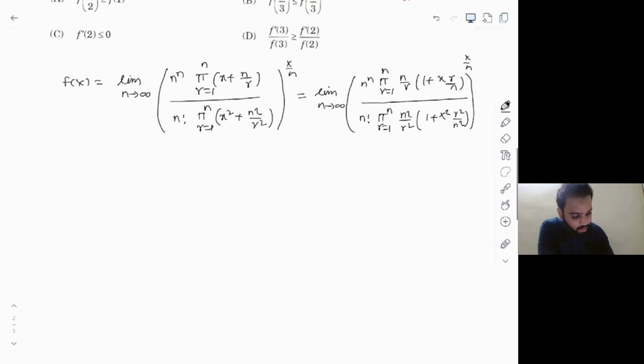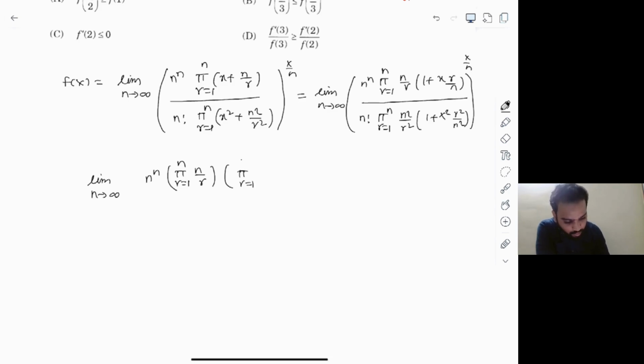Okay. And then I'm going to split the pi notation here, that is limit n tends to infinity. This will be n power n multiplied by, I can write this as pi r equals 1 to n of n by r multiplied by pi r equals 1 to n of 1 plus x into r by n, and whole divided by n factorial multiplied by.